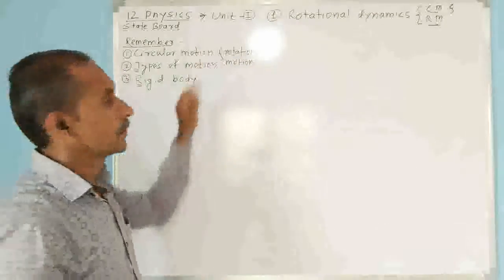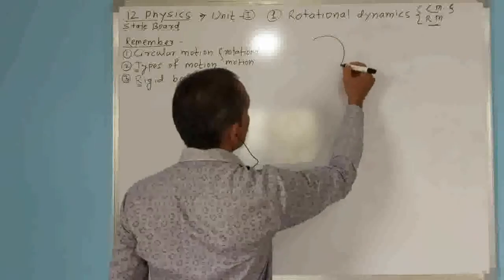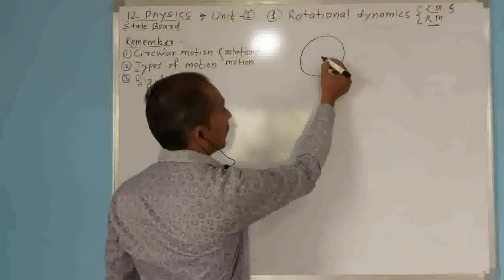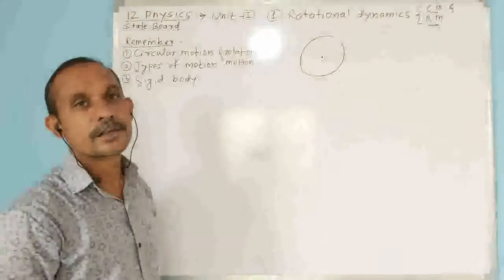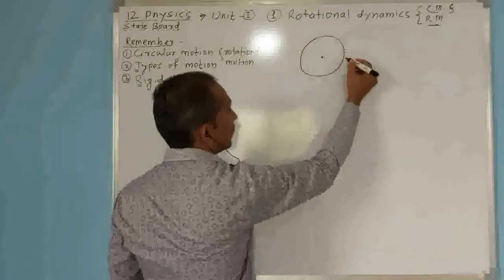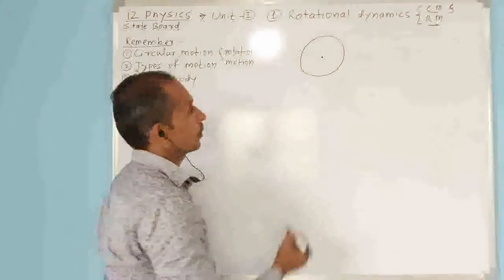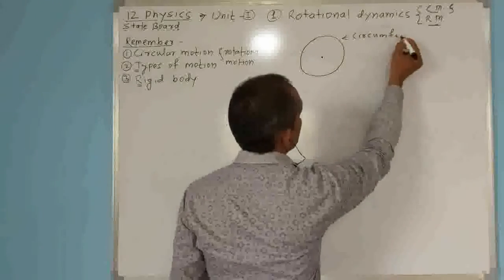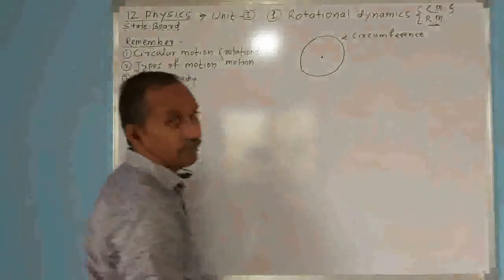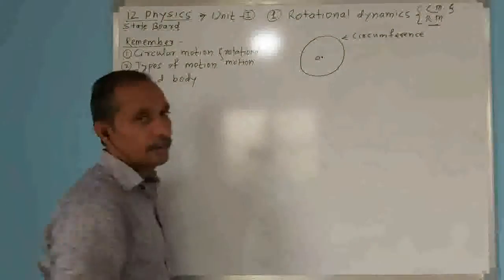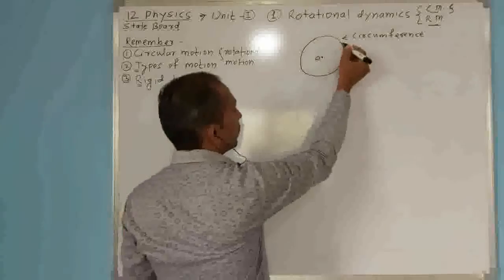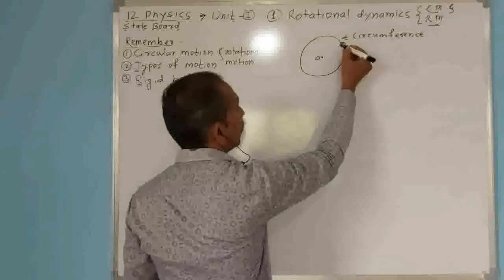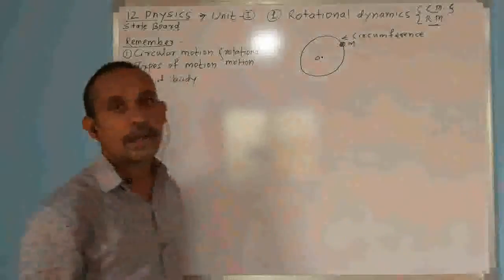Circular motion, we know, this is a circle. Every circle has its center, and this is the circular track, known as the circumference. The center is indicated by O. Consider a body which has mass, suppose m.